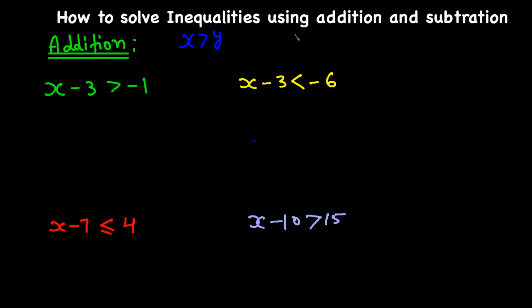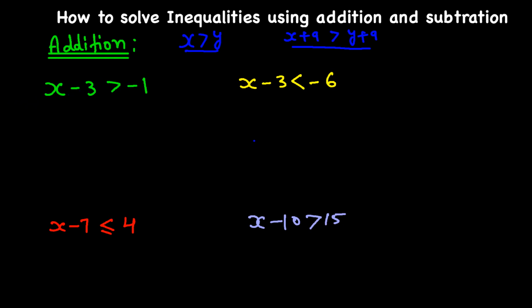Let's say I'm adding a to both sides. That does not change our inequality. It produces the equivalent inequality as it was before, as we are adding on both sides. Okay, so that's the property we're going to use to solve inequalities using addition.